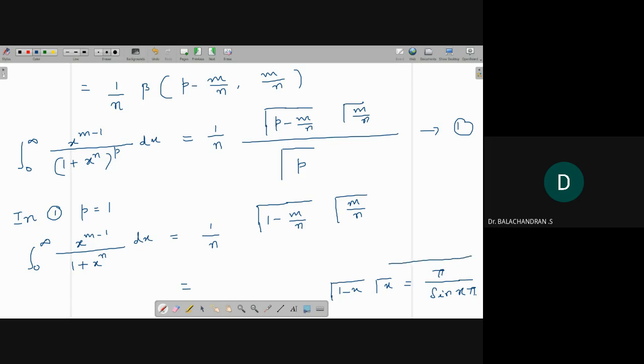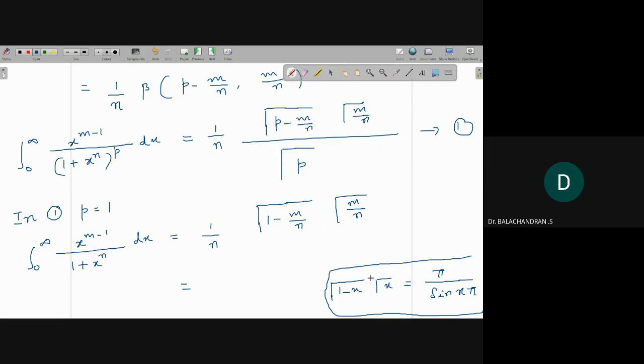So I think already I gave this result. Is it correct? Okay. So using this result, instead of x, I have m by n. So 1 by n into pi by sine of m by n into pi. So this is, I think, the second result.